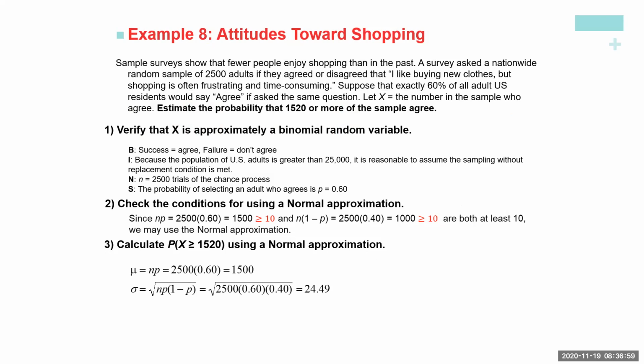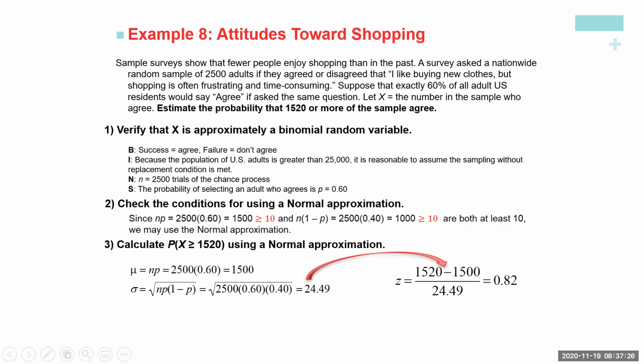So mu equals np, so n is 2,500 times 0.6, which gives us an average of 1,500. Sigma is the square root of np times 1 minus p, which gives us an average deviation from the mean of 24.49. If we're looking for the probability that X is greater than or equal to 1520, and we know that this is a normal distribution, that means we can find a z-score and use our z-table.